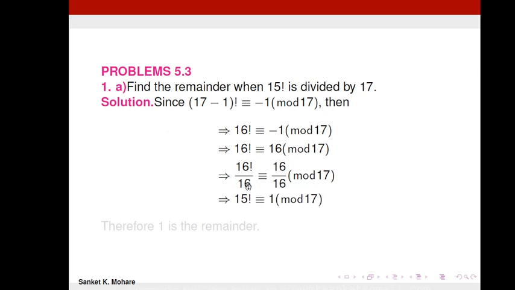So 16 factorial upon 16 is 15 factorial, which is congruent to 1 modulo 17. This implies 1 is the remainder after dividing 15 factorial by 17. So a very simple example. There are some other examples; you have to proceed in the same way. See problem set 5.3.